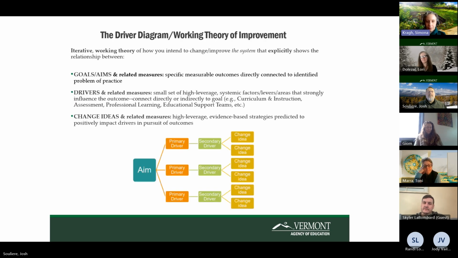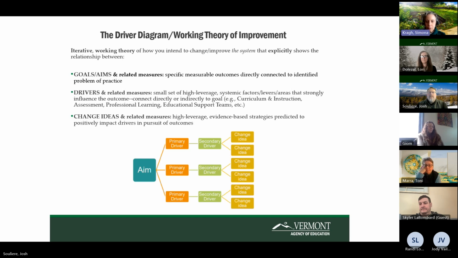Right, so in the next section, we'll look at an overview of the components of the SIP, which you will develop based on the information you uncover in your needs assessment. Once you have analyzed the data and the underlying root causes of any problem of practice, you begin developing your working theory of improvement.